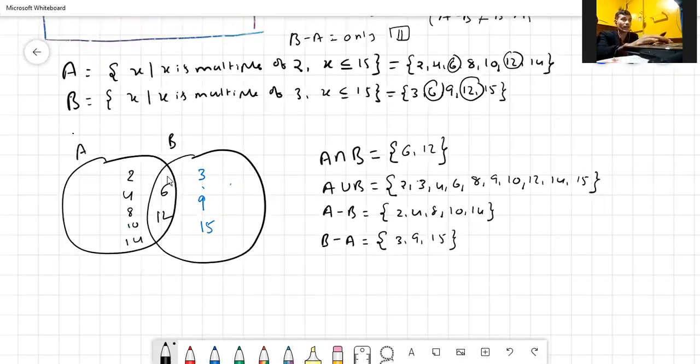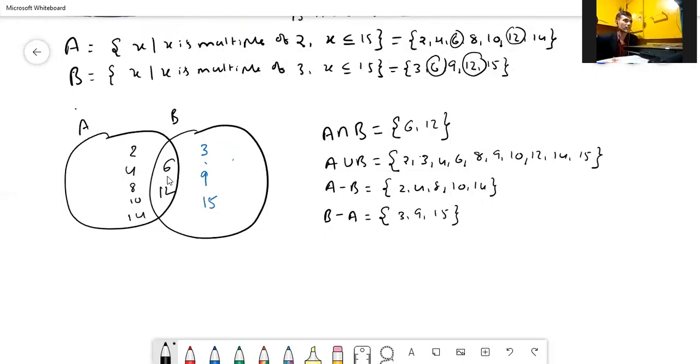How we can deduce it: here see, the number of elements in A is how much? 1, 2, 3, 4, 5, 6, 7. 7 elements are there. Number of elements in B, 5 elements are there. See, 5 multiples up to 15. If you add n of A plus n of B, will we get A union B or not, we'll check.